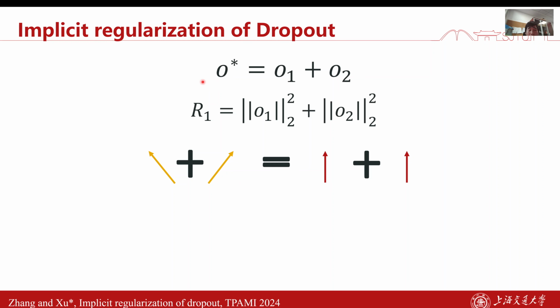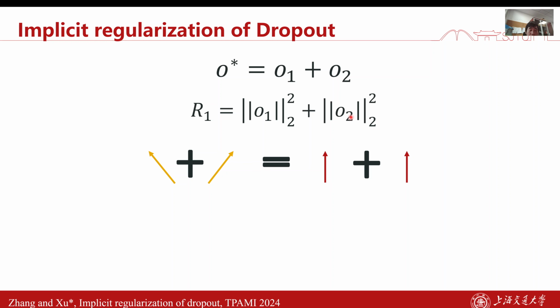And this R1 requires the amplitude of O1, the output of the first neuron on all training data, which we put as a vector. This is the L2 norm of this neuron's output on all training samples. This is the network output of the second neuron on all samples.